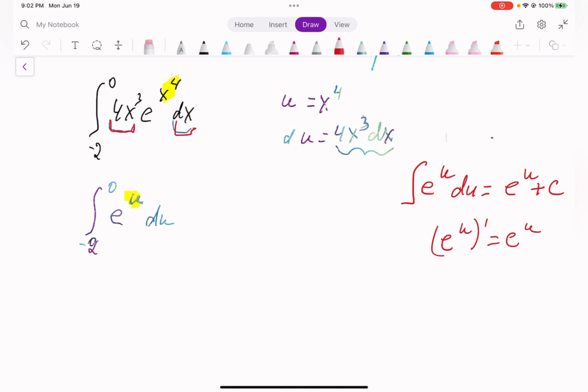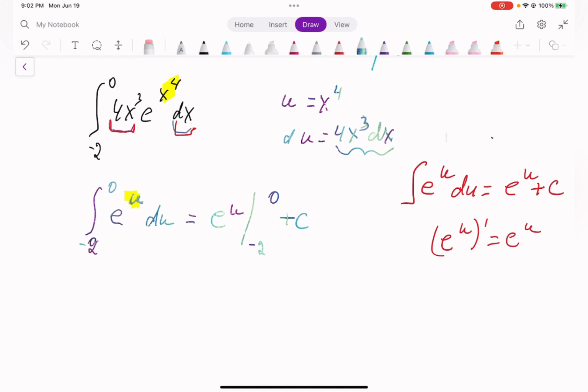So from here, my answer is going to be e to the power u, right, on the interval negative 2 to 0 and plus c.